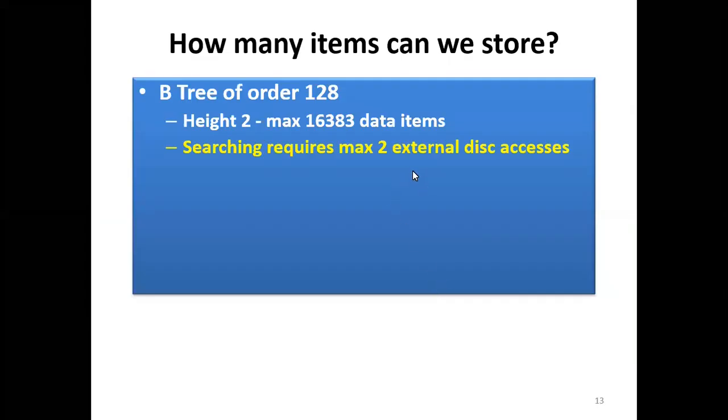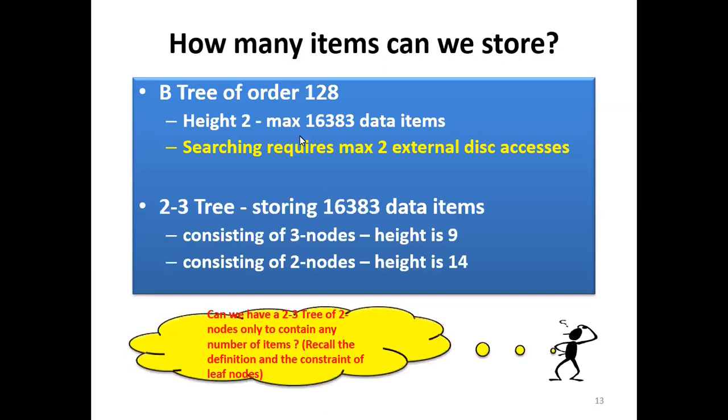So that means we can store 16,383 data items, and these data items are stored on two levels. So it implies that we can access the external disk for two levels.